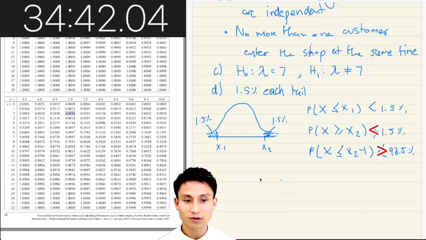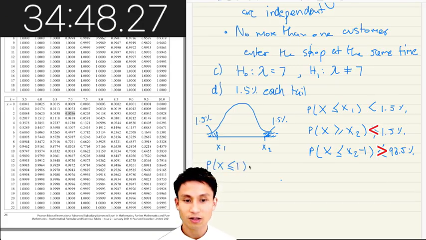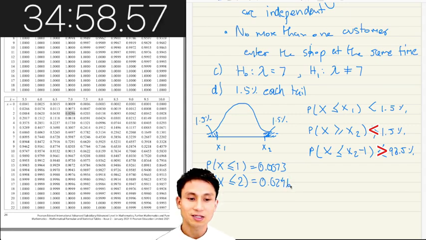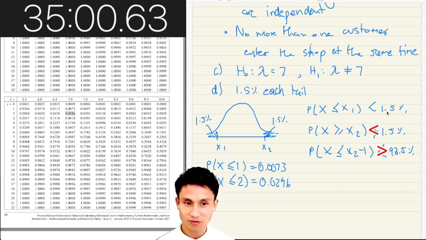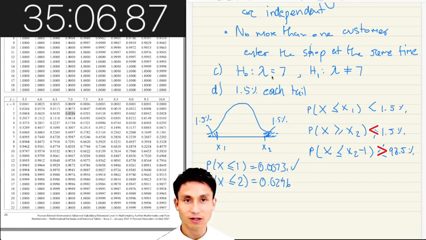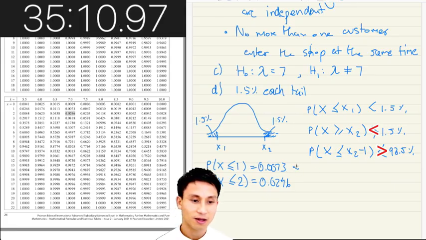So p of x less than or equal to 1 equals 0.0073, but p of x less than or equal to 2 equals 0.0296. This is greater than the significance level, so we should use the value for 1 instead. We're going to take that one for the left end.